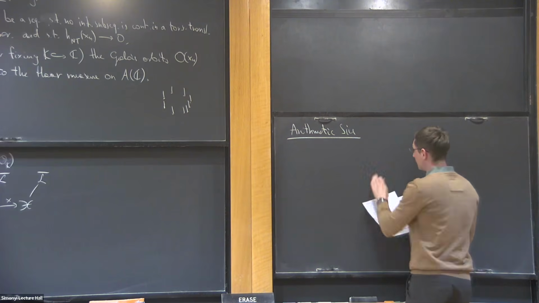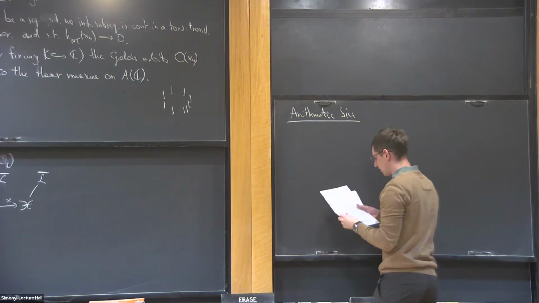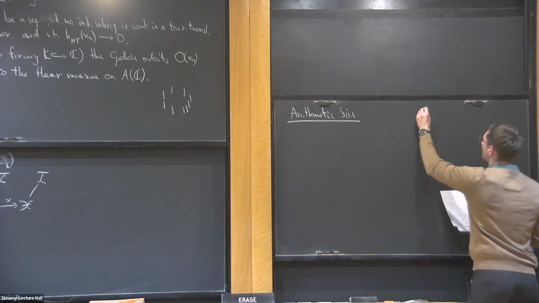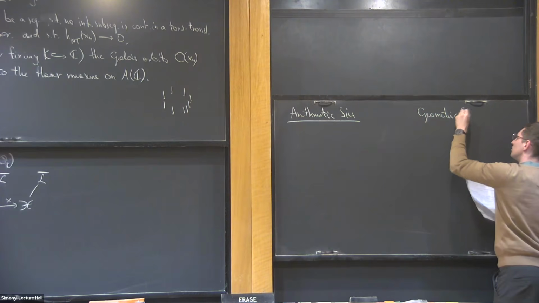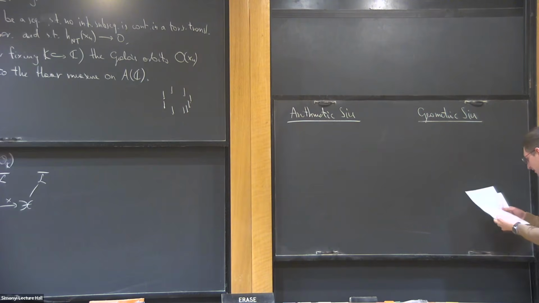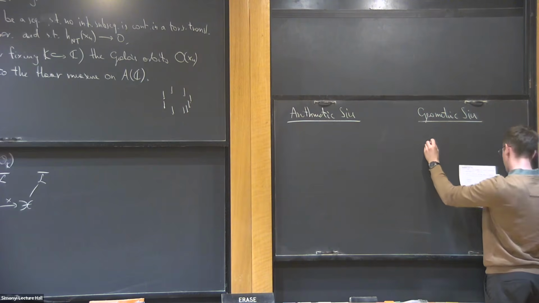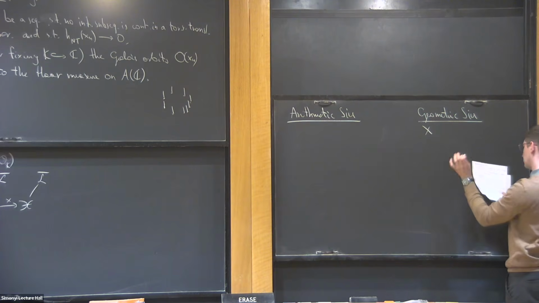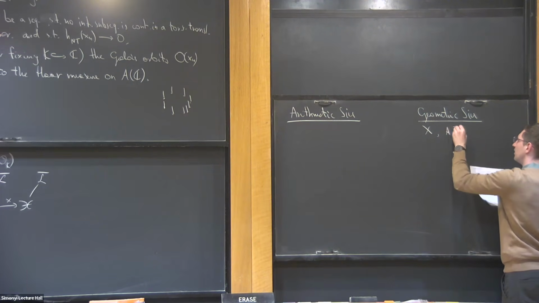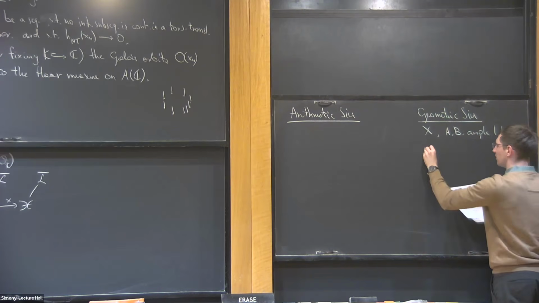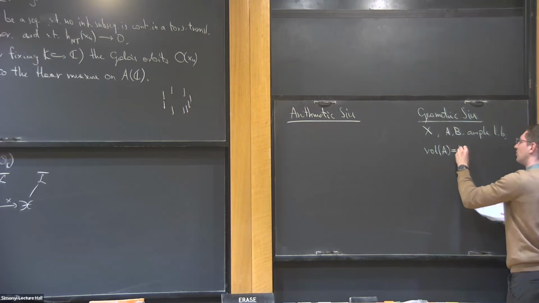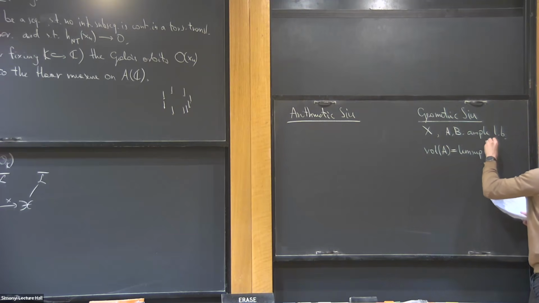Okay, but so this arithmetic SU. What does it say? To introduce it, let me first recall the geometric one, the usual SU inequality. So for the usual SU inequality, I have X a projective variety over some field, and A and B ample line bundles. By the volume of A, I mean the lim sup of the dimension of the space of global sections of tensor powers, normalized so that it actually converges.